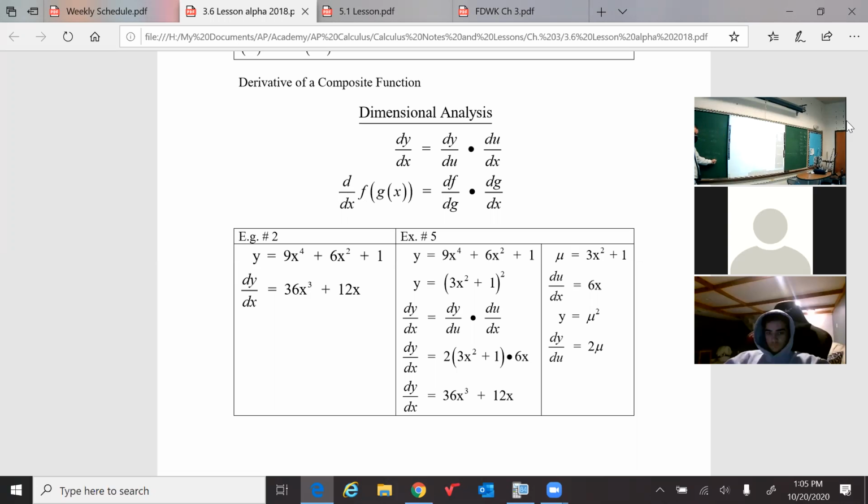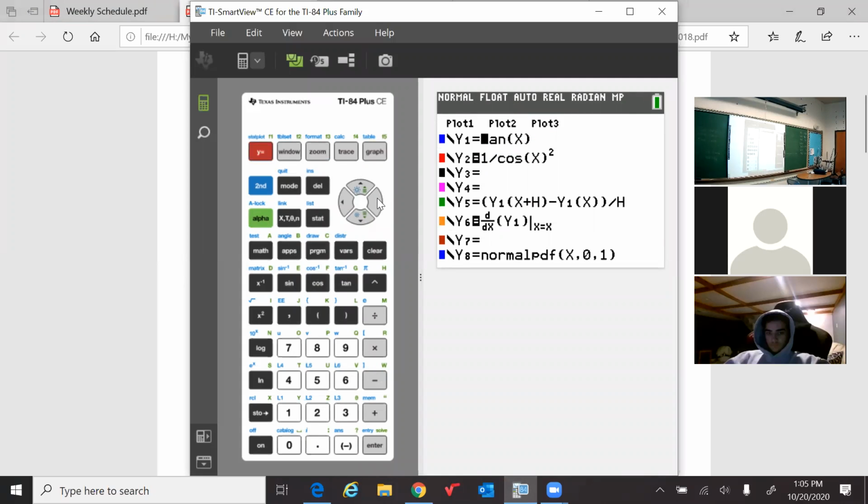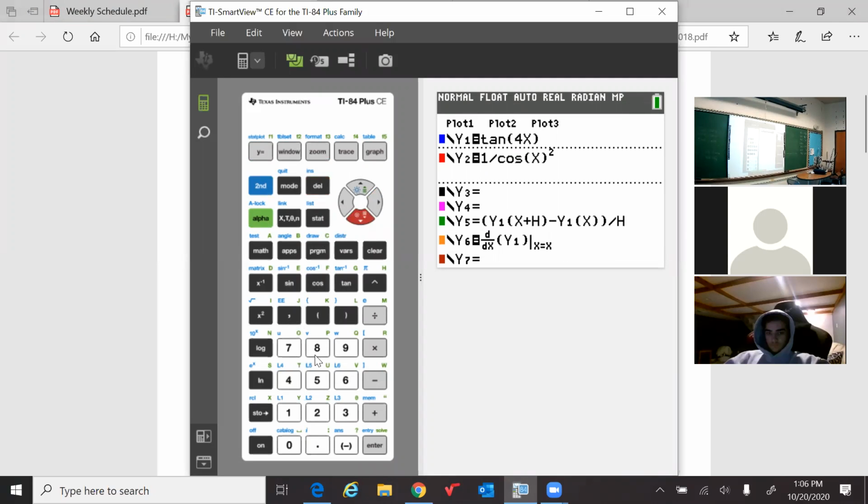What's the derivative of 4x? 4. So if we turn around and go back here to the calculator, we insert the 4. There's our 4. 4 times the numerator.